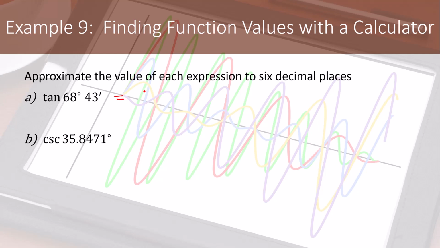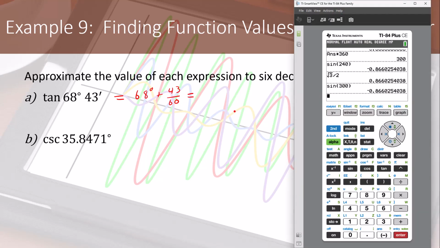And this is going to be equal to 68 degrees plus 43 divided by 60 degrees. Then we're just going to go ahead and compute the tangent of that. We can actually do that in one shot. We can do that as tangent 68 plus 43 divided by 60. Close that parenthesis using your mouse over here, and then hit enter, and that right there is your answer.